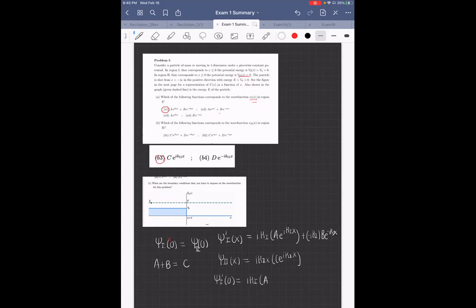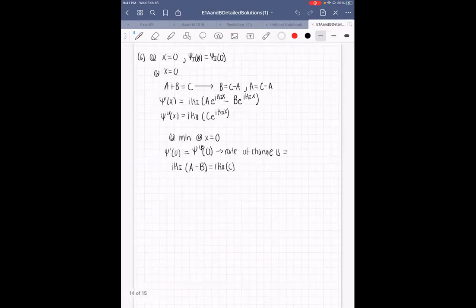So it's going to be iK1 times (A minus B), and that's going to be equal to iK2 C. Yeah, iK2 C. And that's your answer. Let me just double check again. Yeah, exactly. That's the answer.